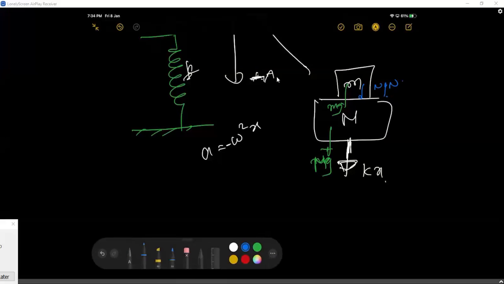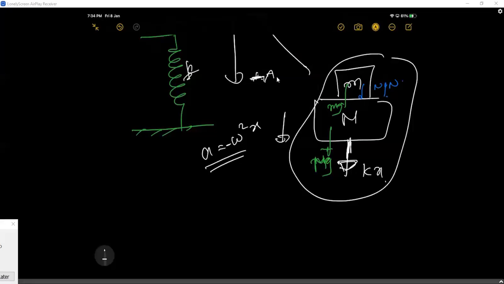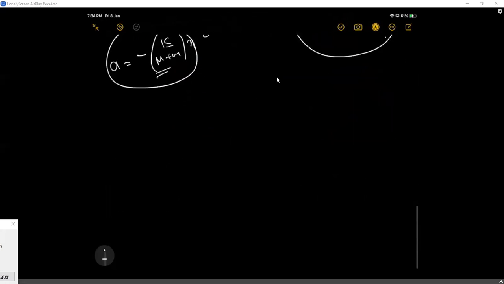The thing is, guys, if you look at this whole system, it is accelerating downwards with this acceleration, a equals minus omega square x. Or you can write a equals minus k by (M plus m) times x. You can say that because omega square is nothing but k by (M plus m). But the point is, look at the body separately.